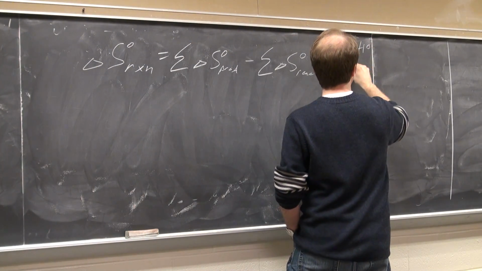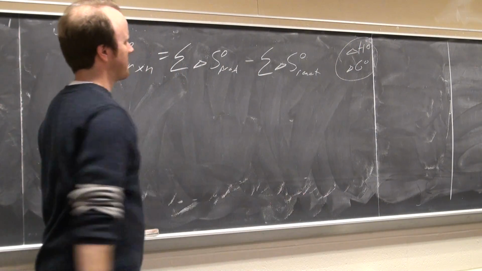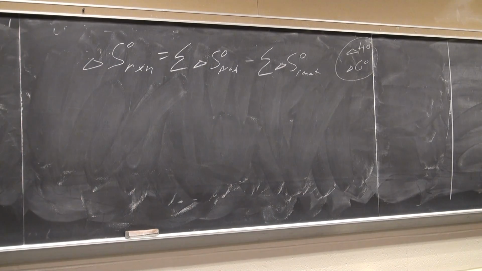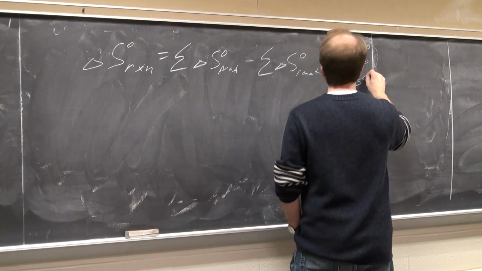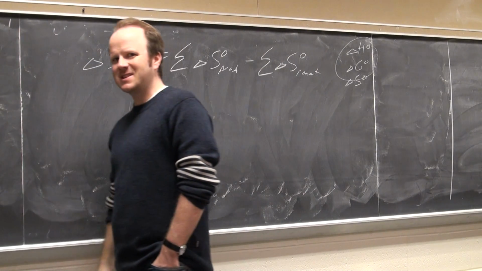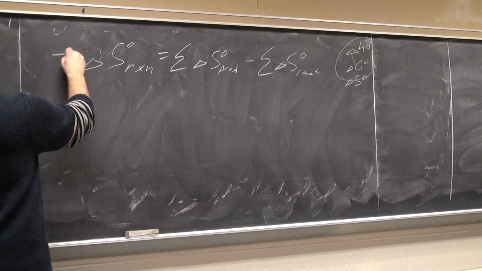Works for delta H0, works for delta G0. This works for all of our state functions, delta H, delta S, delta G0. So is the reaction the system or the surroundings? System, right? This is always the system.